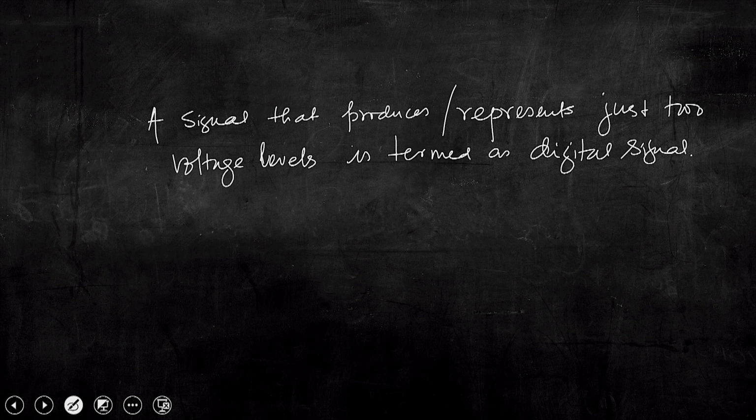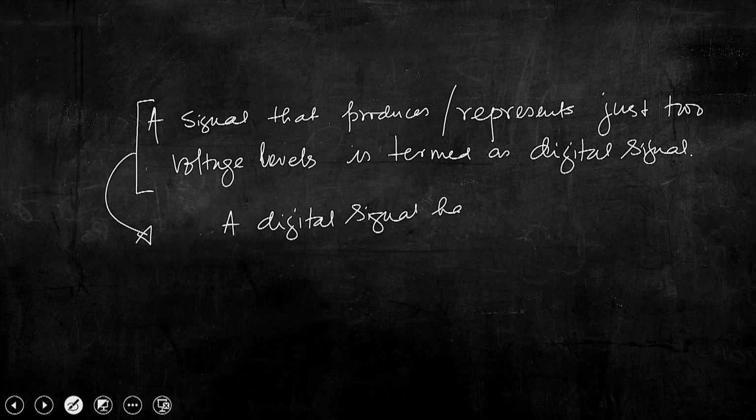So, from the definition itself we can tell that a digital signal has only two states, 0 and 1. Okay.